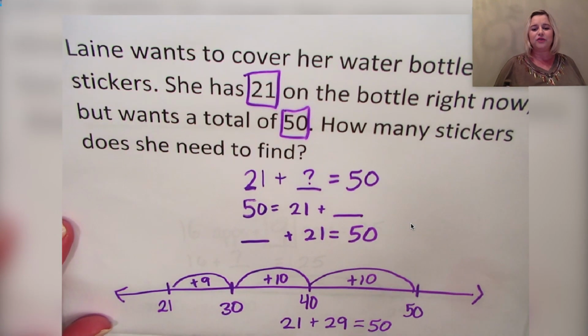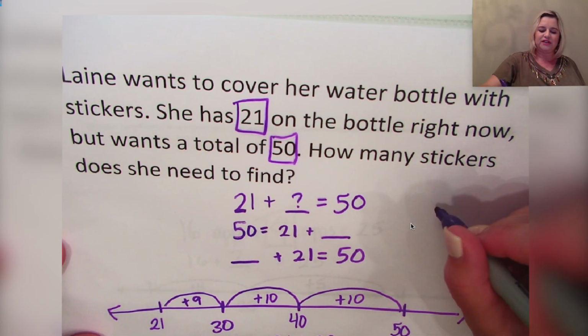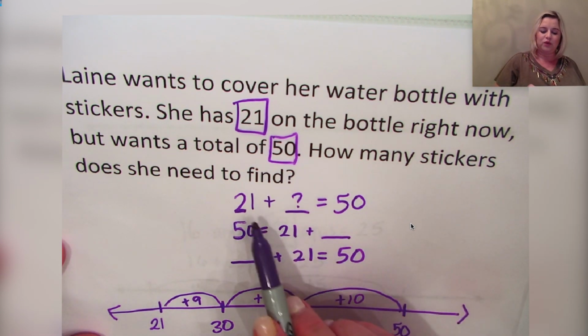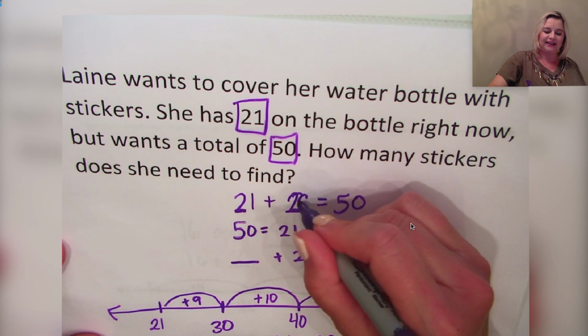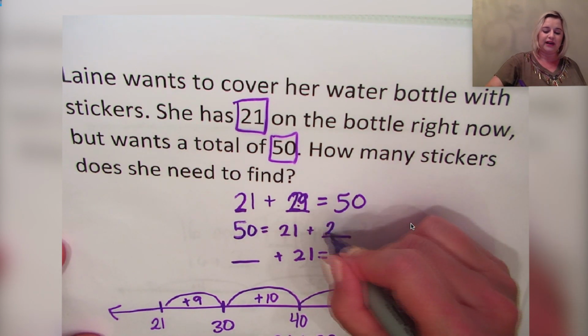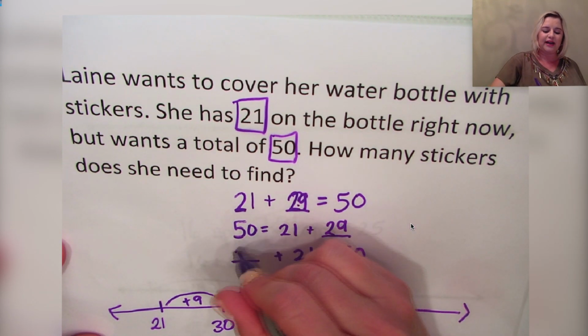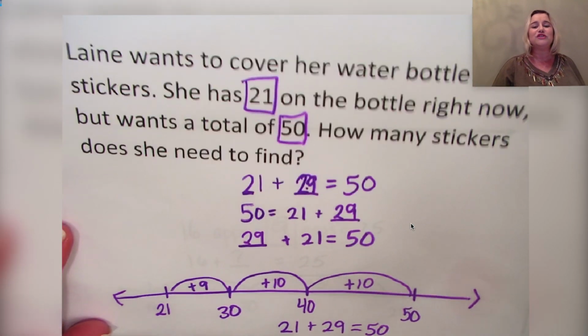What are some other ways that we can write the equation? Very good. We could say 21 plus 29 equals 50, 50 equals 21 plus 29, and 29 plus 21 equals 50. You all are so smart.